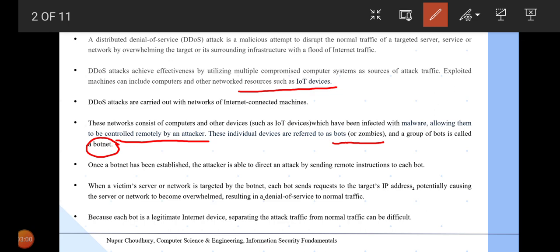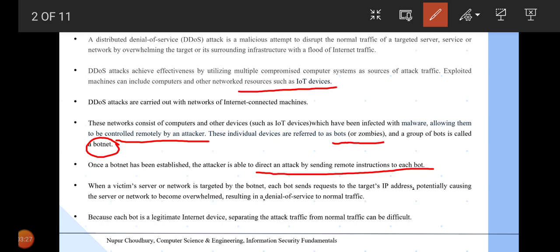So once a botnet has been established, the attacker is able to direct an attack by sending remote instructions to each bot. And when a victim's server or network is targeted by the botnet, each bot sends requests to the target's IP address, potentially causing the server or network to be overwhelmed or become very busy, resulting in denial of service to normal traffic.